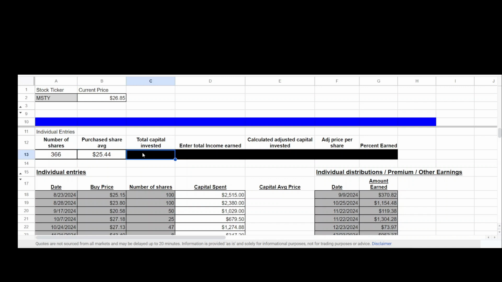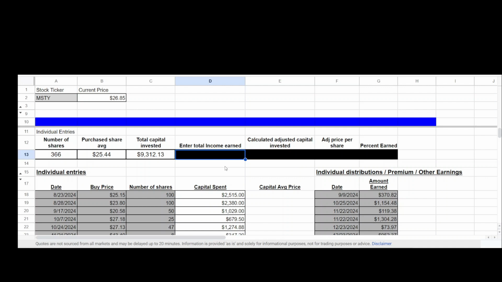The total capital that I invested is $9,312.13. So that is basically the 366 shares times the average price that I paid, $25.44, which equals $9,312.13. Now, how much have I earned so far in distributions?